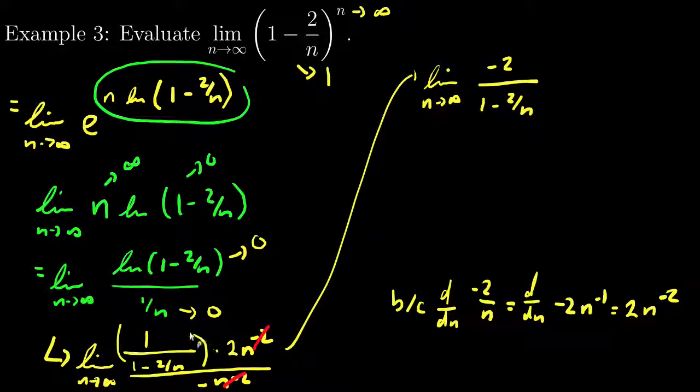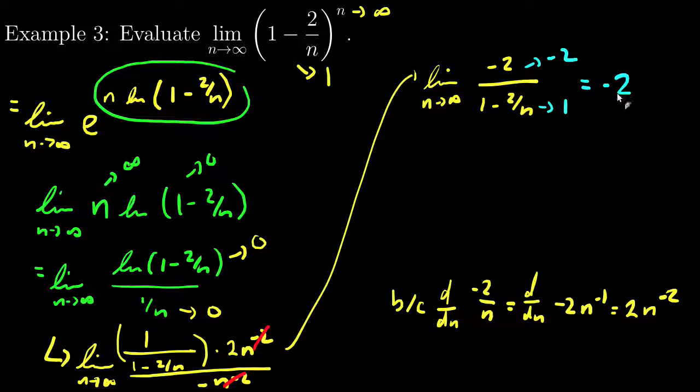Okay, so I just brought the 2 to the numerator here, multiplied by negative. As n approaches infinity, the numerator, of course, still approaches negative 2. It's a constant. This approaches 0 as we're dividing a constant by a larger and larger number. So this 1 minus 0 approaches 1, and this limit is negative 2.